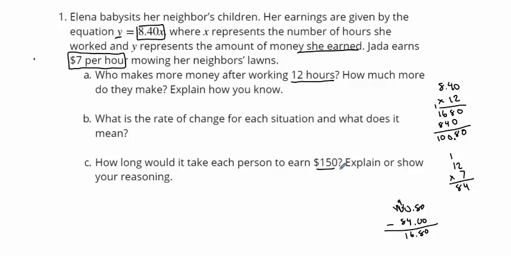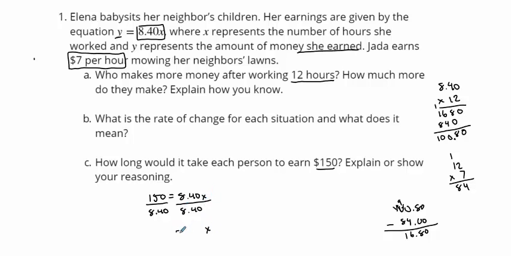So if the amount of money she earned is 150, I could say 150 is equal to 8.40 times the number of hours she works. So 8.40 times something is equal to 150. So if I just divide 150 by $8.40, that'll give me the number of hours.